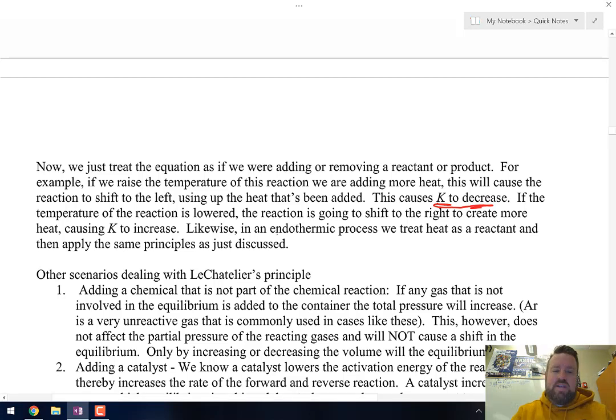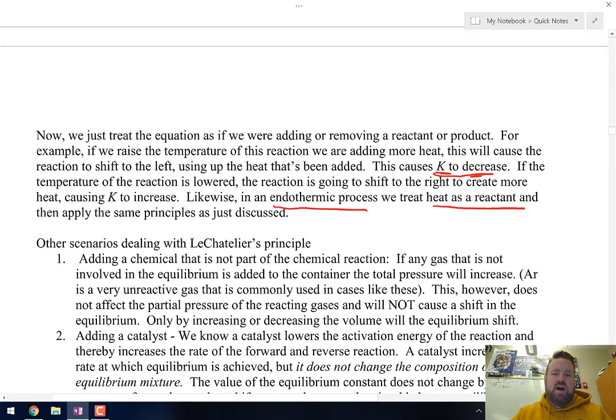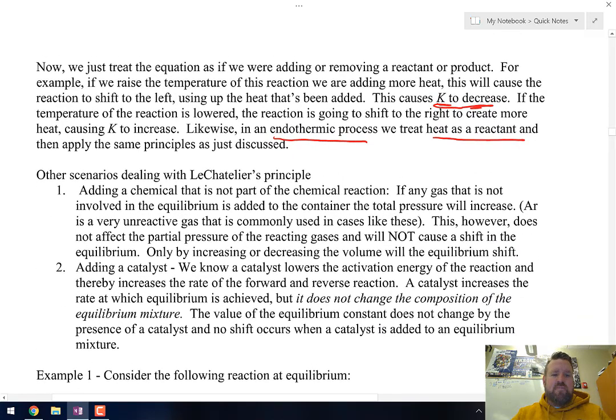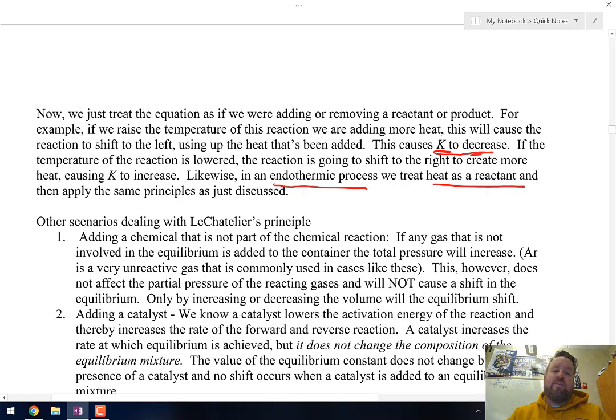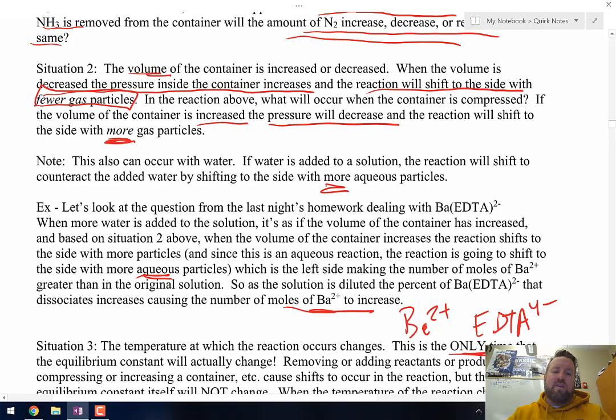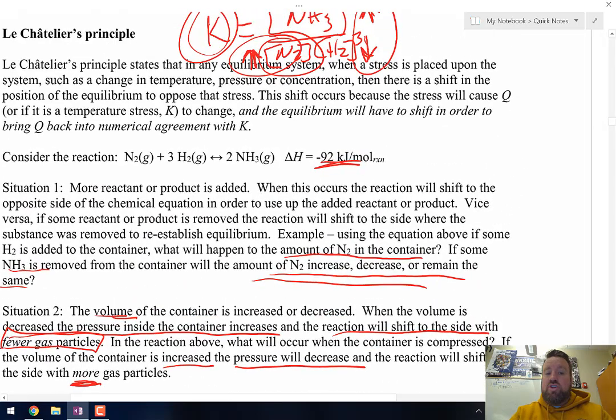Likewise, for endothermic, we treat heat as a reactant, and then those same principles apply like we just discussed. Now, what are some other things they're going to do to try to trick you with Le Chatelier's principle? If they add a chemical that's not part of the chemical reaction, and it can be really, really close. For the Haber process here, you could add some H2O.